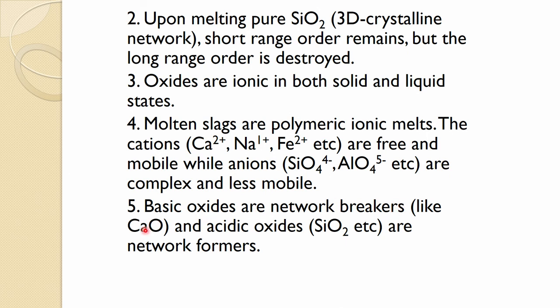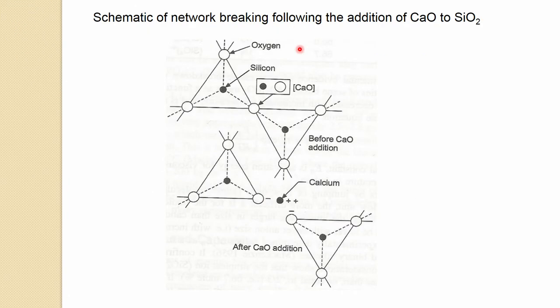Basic oxides are network breakers, like CaO and MgO. When we say network breaker, we are talking about the order. You can see this is a long chain of silicon oxygen tetrahedra, and if you add a basic oxide like CaO, it breaks that chain.